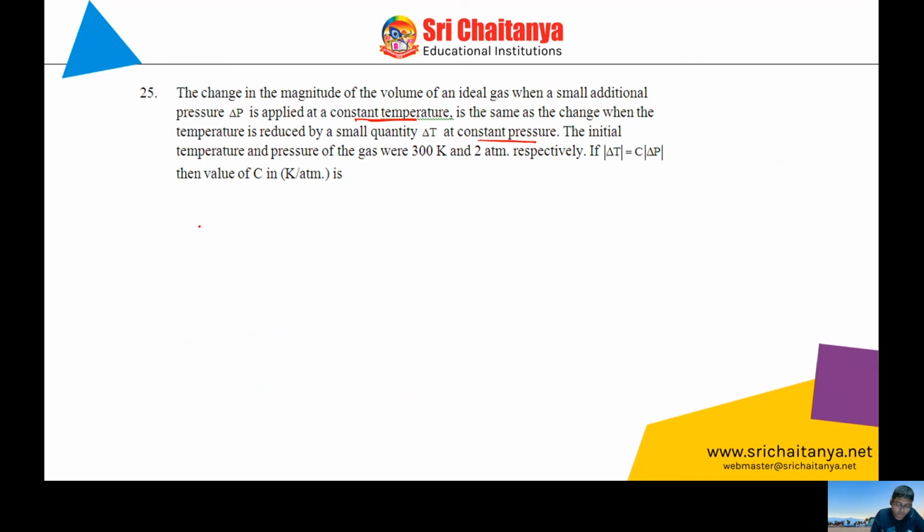At constant temperature, when T is constant, PV is constant. So you can definitely say that delta V by V will be equal to minus delta P by P. That is the first situation. In the other situation they have given constant pressure, so P is constant simply means that V by T is constant.